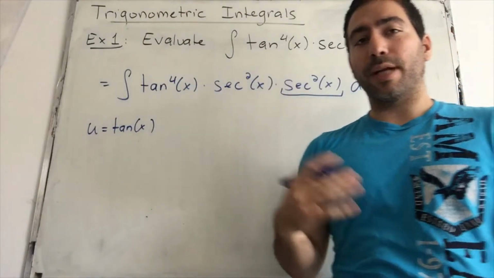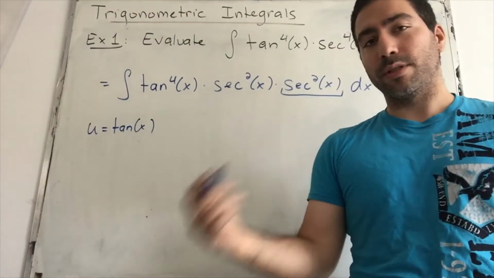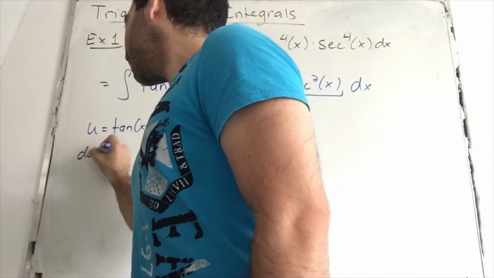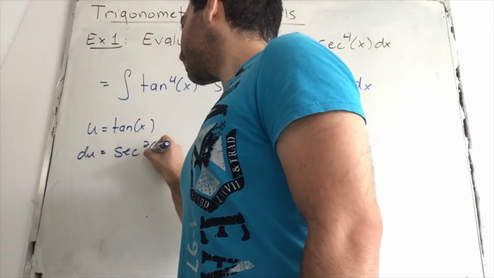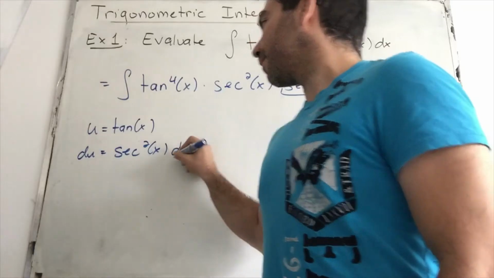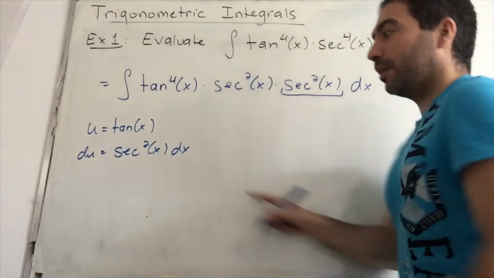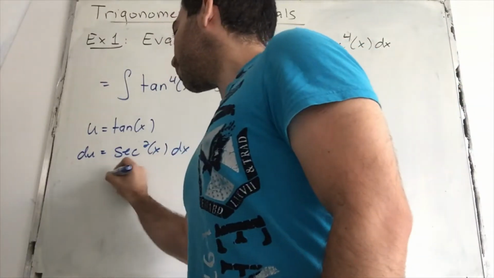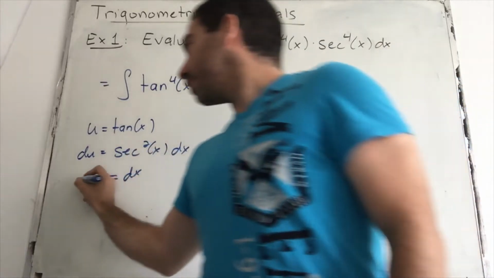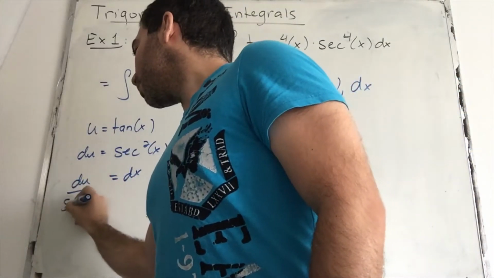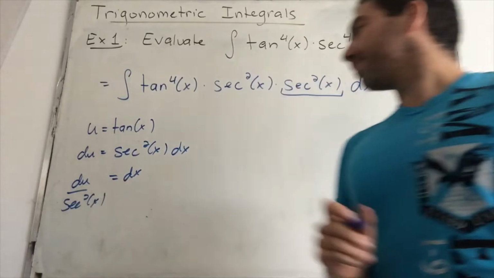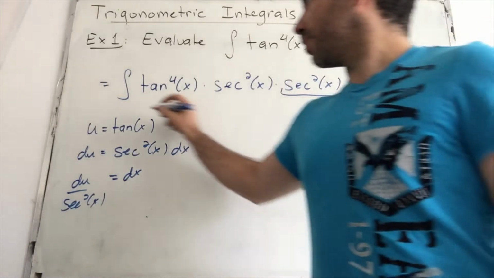If we apply the u substitution, u equals tan of x, what's the derivative? The derivative of tan is secant squared, the term that we're saving. Solving for dx, we divide both sides by secant squared, giving us du over secant squared x. This is side work.